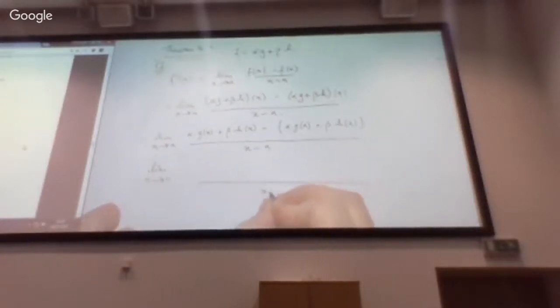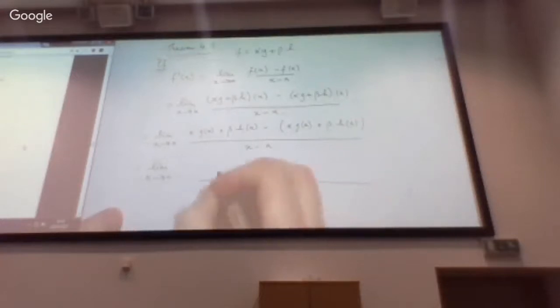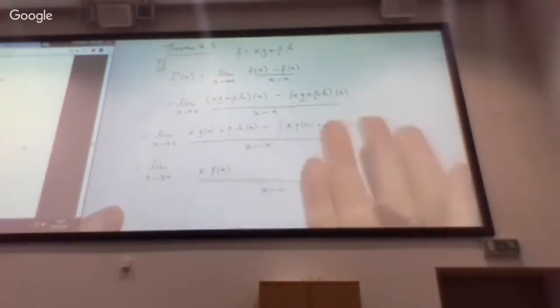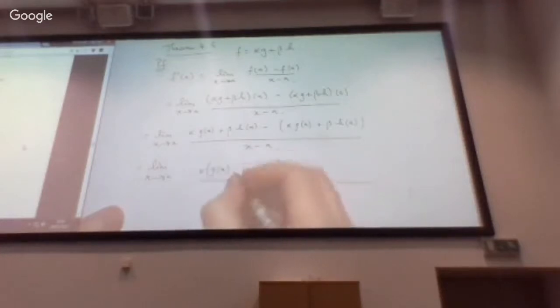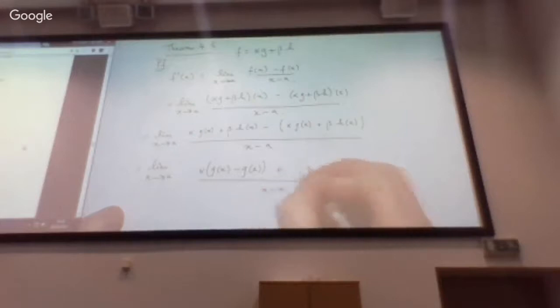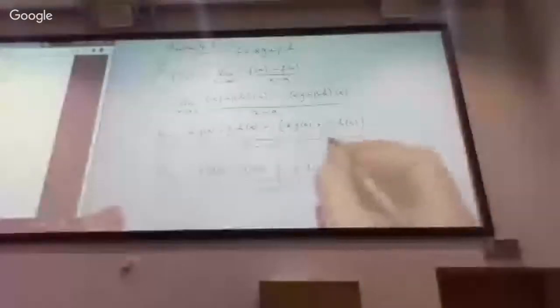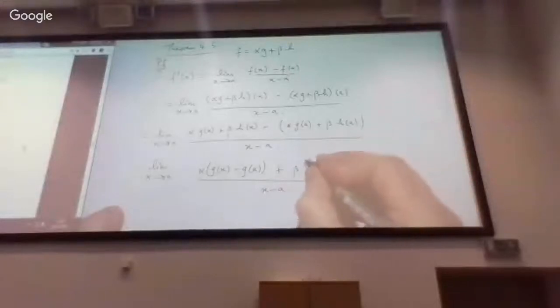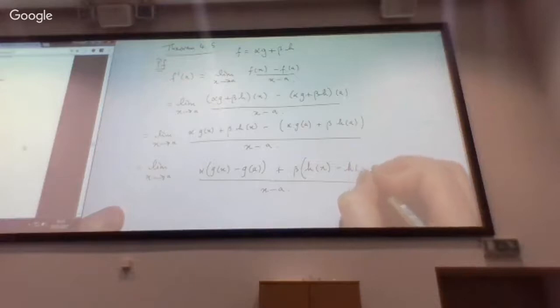So it's all over x minus a still. That's going to be alpha times g of x minus alpha times g of a. But while I'm at it, I may as well factor out the alpha. And it's beta times h of x minus beta times h of a. But while I'm at it, I may as well factor out the coefficient beta.